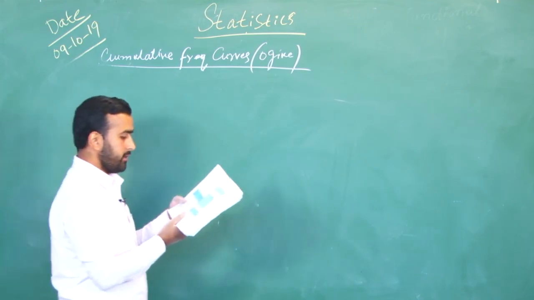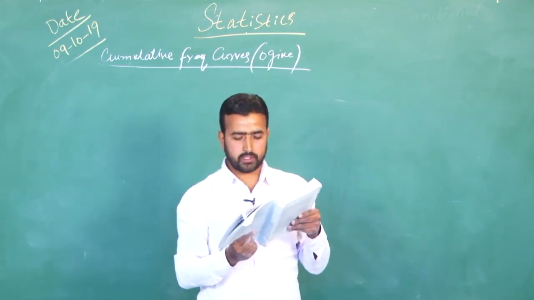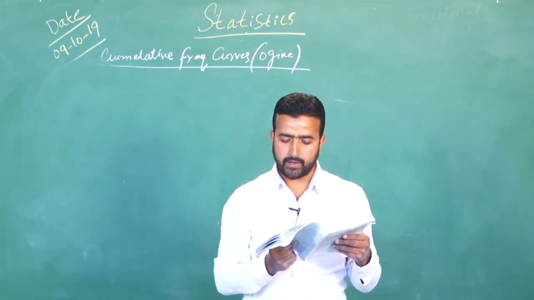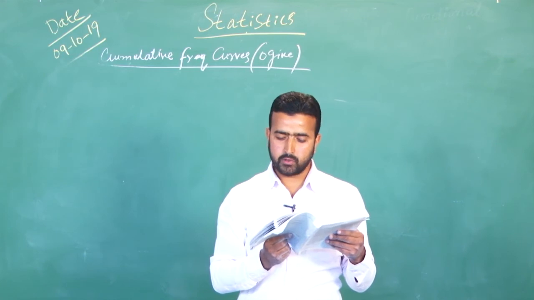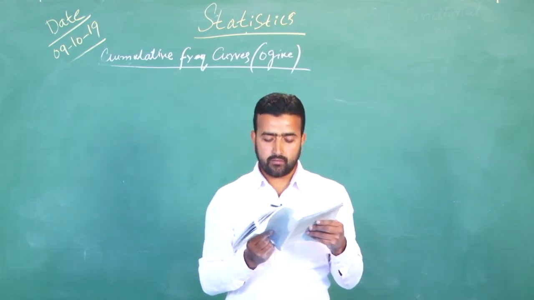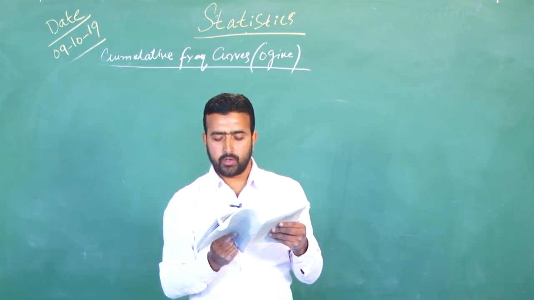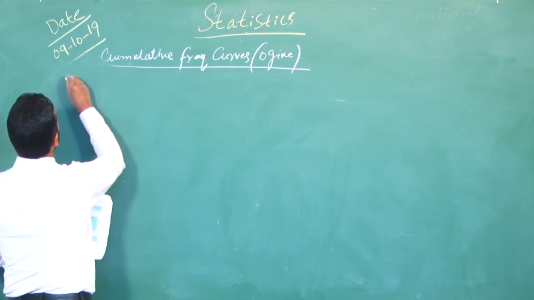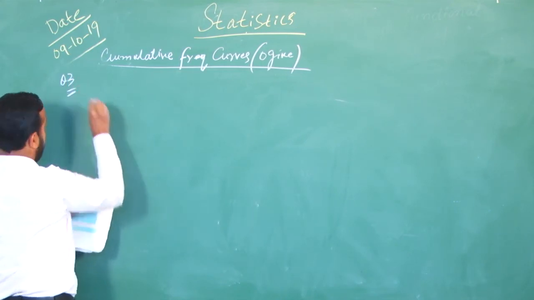It is question number 3 of this exercise. The following table gives the production yield per hectare of wheat of 100 farmers of a village. The production has been given and the number of farmers. What is the question for us? Change the distribution to a more than type distribution and draw its ogive. Let us take this final example and write the data.